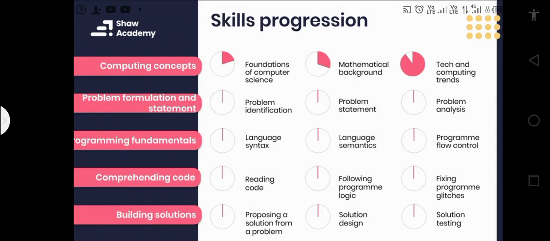We jump into the basics of programming, all you need to know to get started with nearly any programming language. We then learn how to read and understand code, an invaluable skill that you will use for the rest of your life as a programmer. We finish off by learning how to build solutions to all the problems that we've been stating and analyzing along the way.